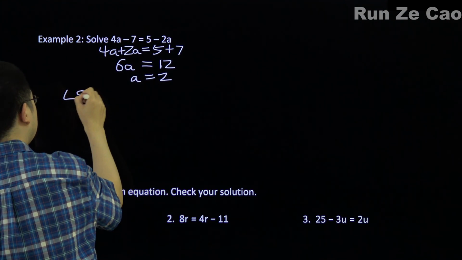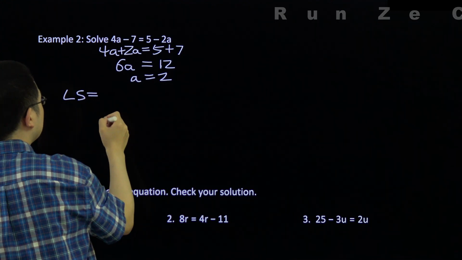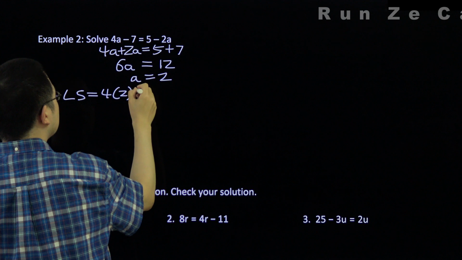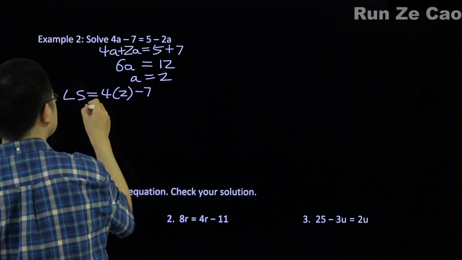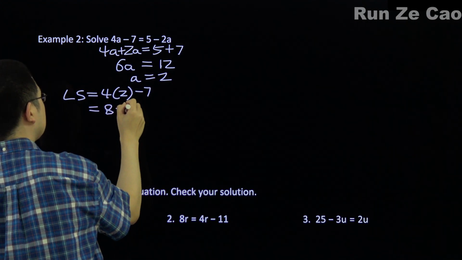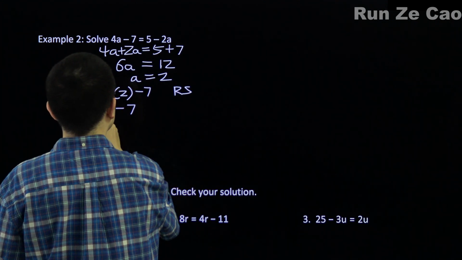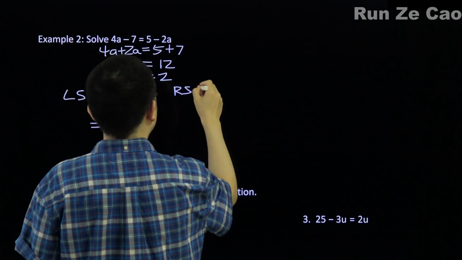And to check, we get left side equals 4 times 2 minus 7 is equal to 8 minus 7. So that's 1.